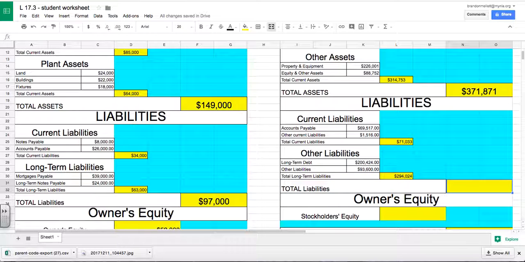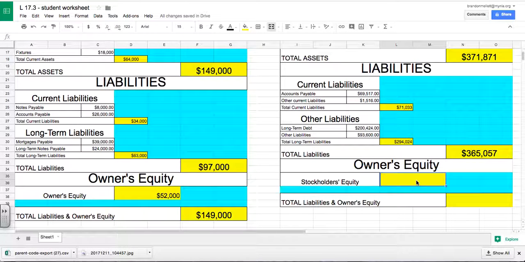Now, total liabilities, we take the 71,000 plus the 294, we'd be at 365. Now, how do we find owner's equity again? We take the total assets minus total liabilities, and we'd be at 6,814.